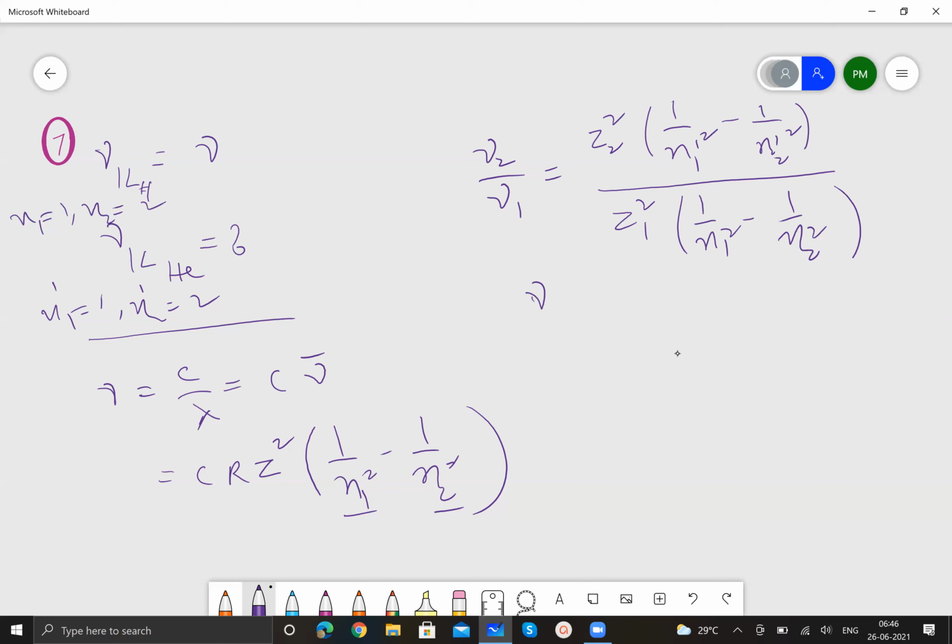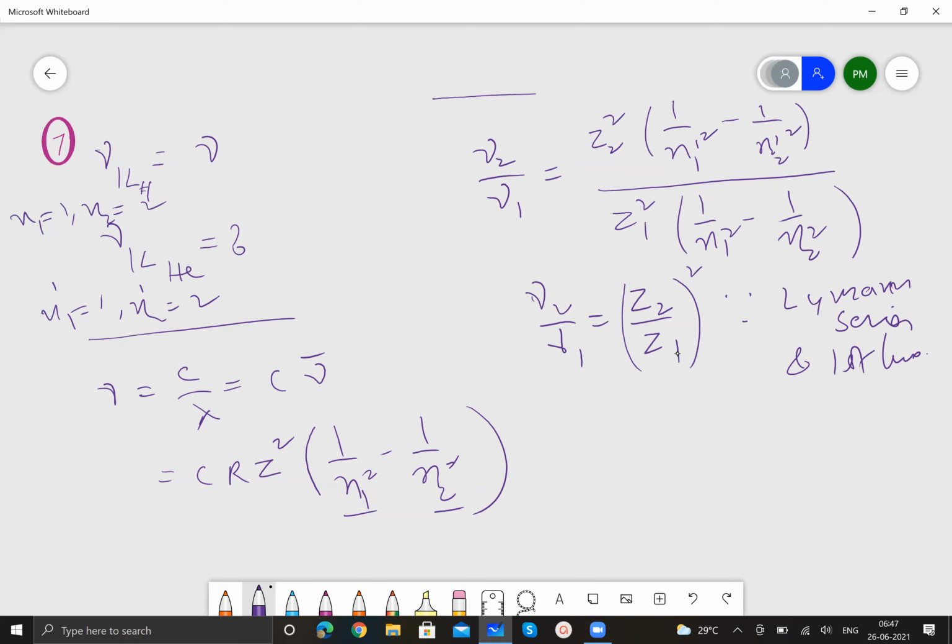So directly I can write nu2 by nu1 is Z2 by Z1 whole square, since Lyman series first line for both. Hence the 1 by N1 dash square minus 1 by N2 dash square by 1 by N1 square minus 1 by N2 square will cancel.